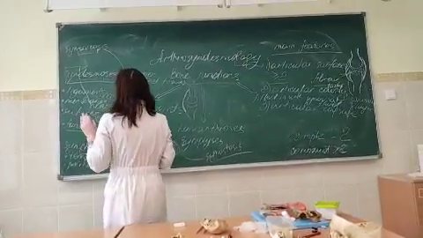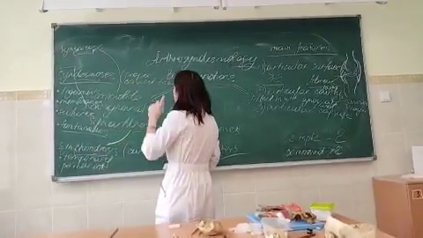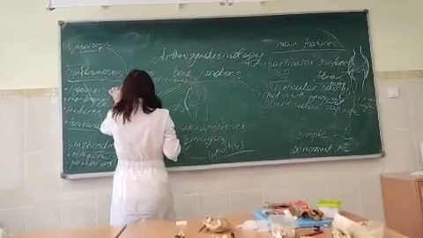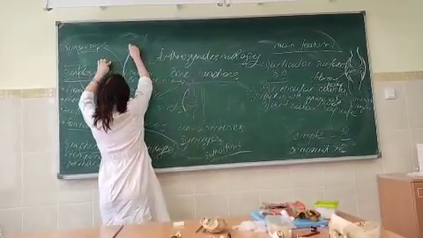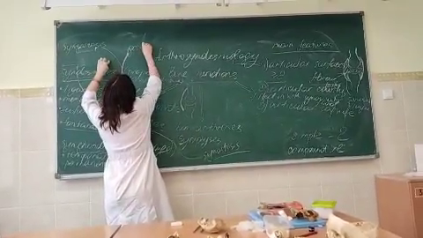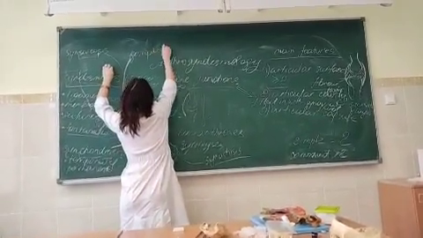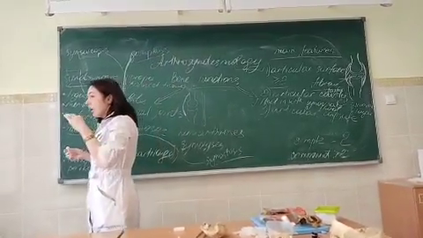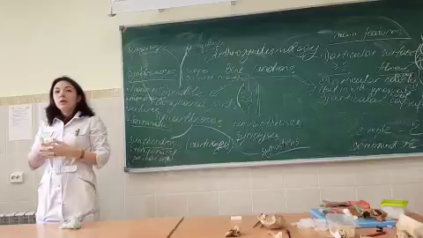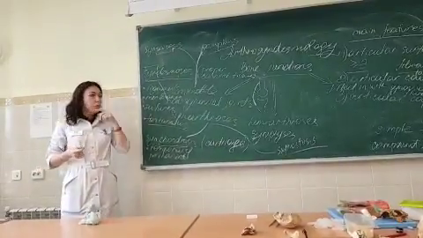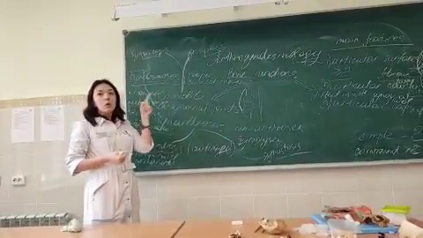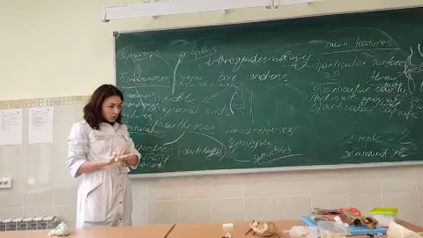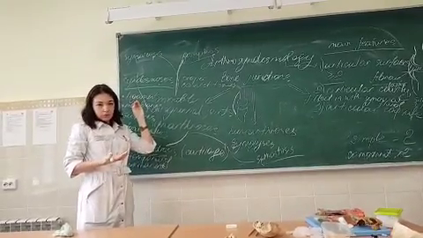And one more exception: this type of joint is present only between dental alveoli and the teeth. It is gomphosis. It is present only between the dental alveolus and the teeth.